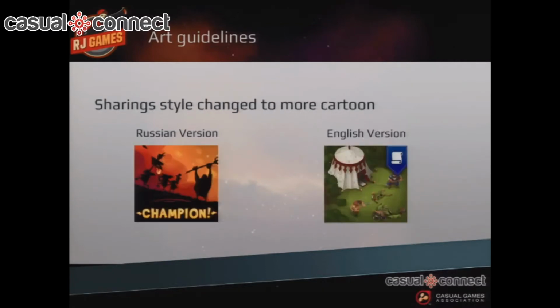But this is about logo, about general art idea. Talking about sharing style, we found that Facebook players like it to be more serious. For example, you see on the left side of the presentation a picture of a sharing post on vkontakte.ru. It is more about fun.